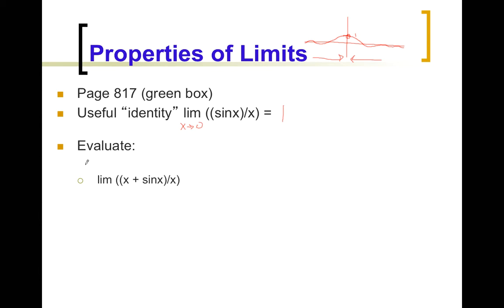So the first one here is, I want to find the limit as x approaches 0 of this function here. So I'm finding the limit as x approaches 0 of (x plus sine x) over x. And we're going to use some of our properties here.